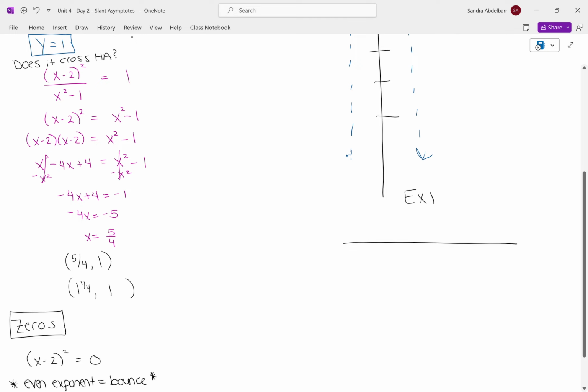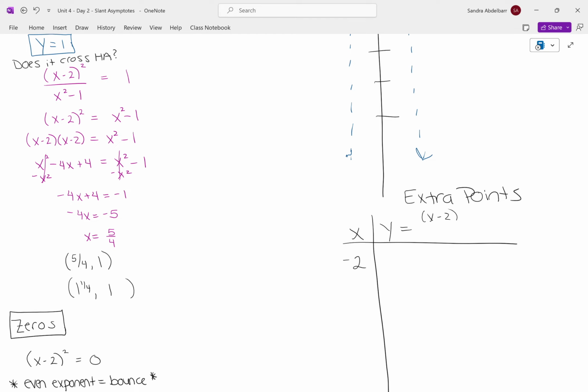So these are extra points we're figuring out. I'm going to take -2 for x, and we have y equal to x minus 2 squared over x squared minus 1. So we're going to have -2 minus 2 squared over 4 minus 1.